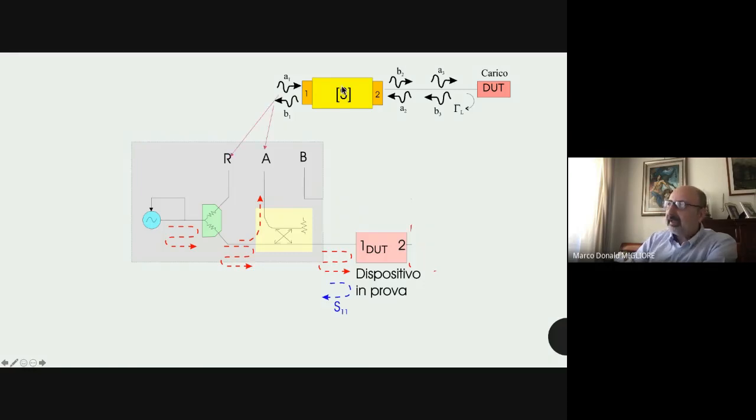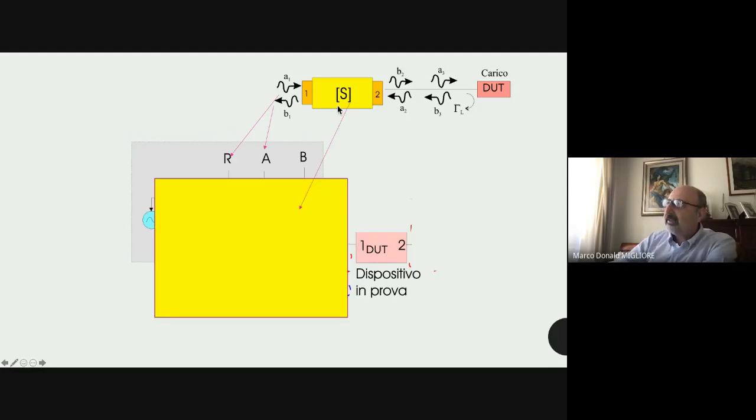In this case, A1 is basically this R, B1 is basically this A, and everything between all this and the DUT is modeled using this S matrix. So the S matrix models everything there is between the true measurement section and the measurement section where I want to know the reflection coefficient.